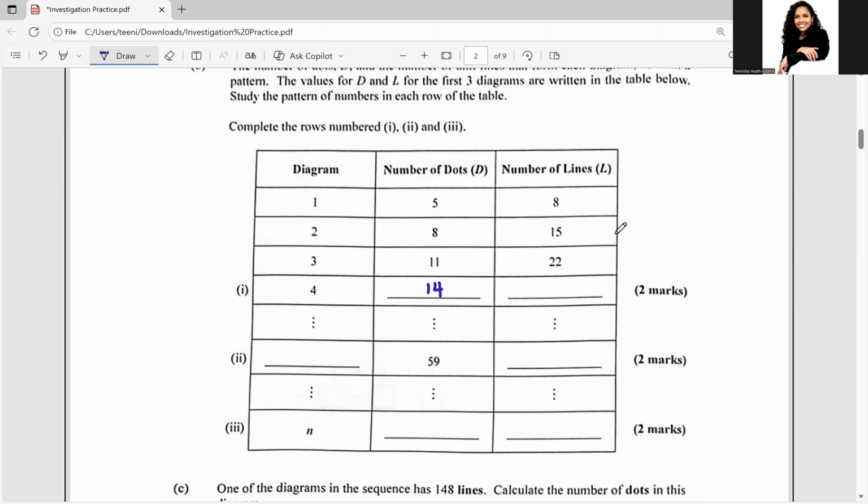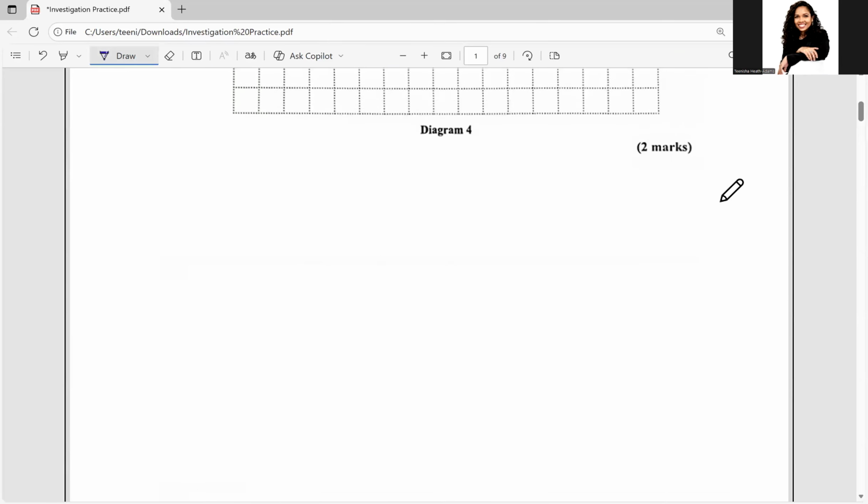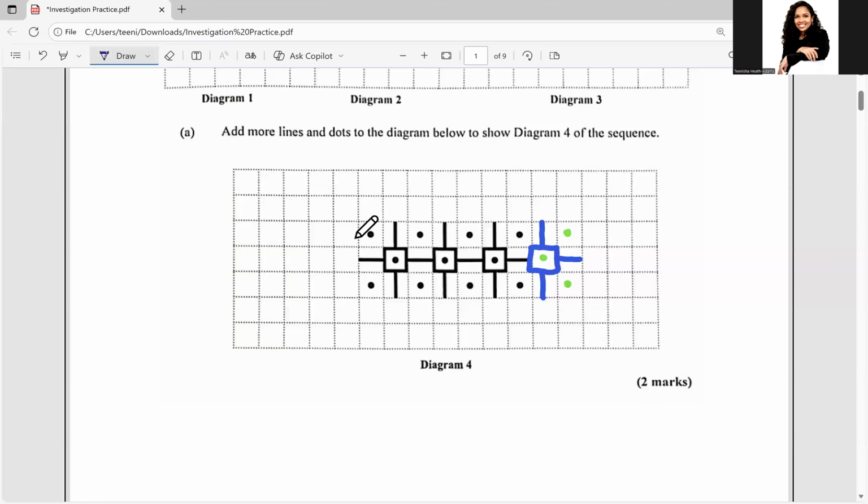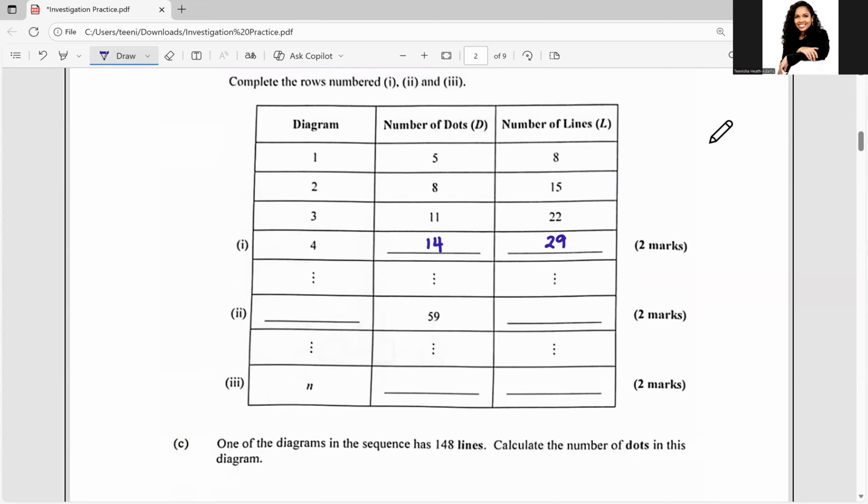So it appears that you're adding 7 each time. 8 plus 7 is 15, 15 plus 7 is 22. So what would be the number of lines in that fourth diagram then? 29. Correct. It'll be 29, because you keep adding 7 lines. And then we could verify that in the diagram here, counting the lines and the dots, right? But we are correct here already.